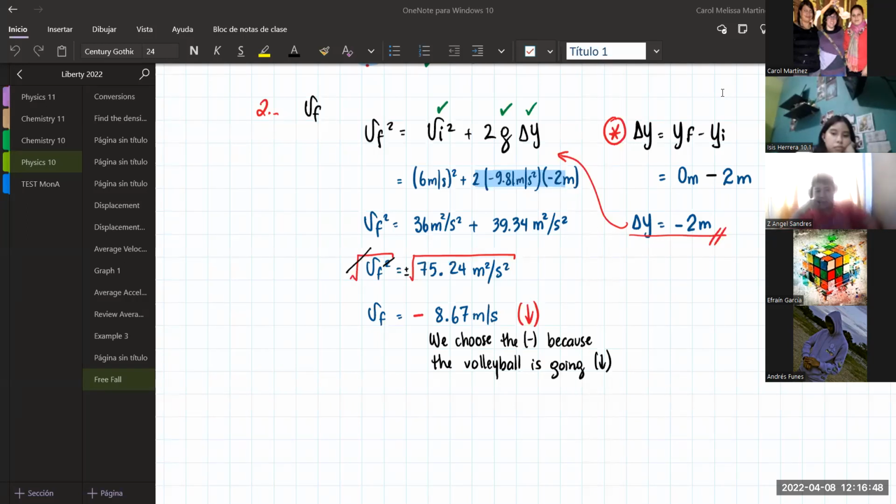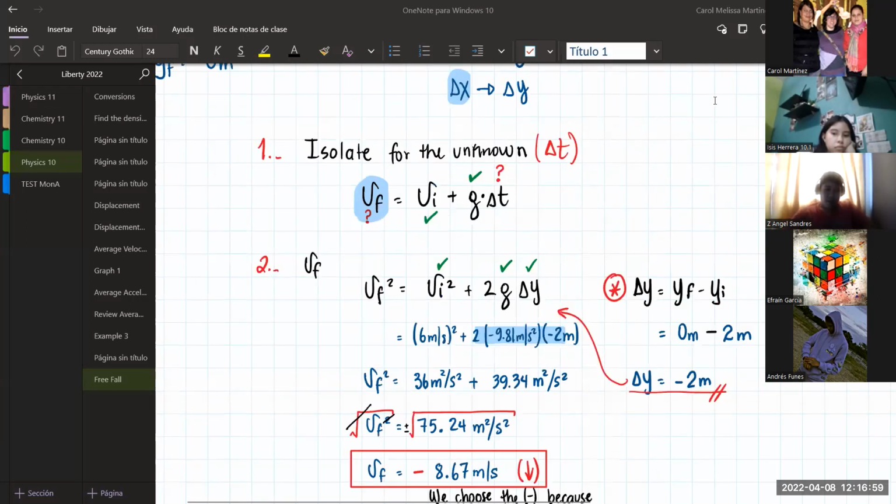Though this exercise is not asking me to find final velocity, it's asking me to find the time. But I cannot find the time if I don't have the final velocity. So what do I need to do? I need to isolate for the time. And if I isolate this, I'm going to need the final velocity.